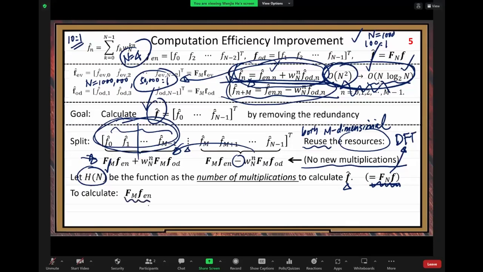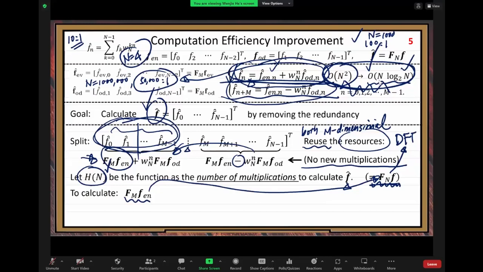We need to calculate the first matrix vector product, and how many multiplications do we need? Can you compare the structure with that structure? Do they look similar? The F matrix is similar, and the vector component is also similar, right?